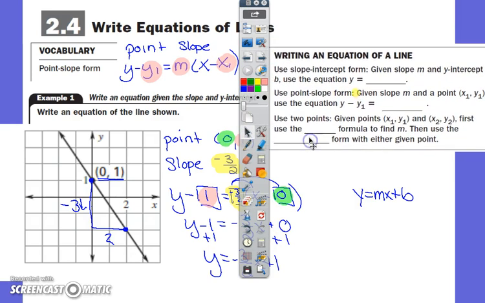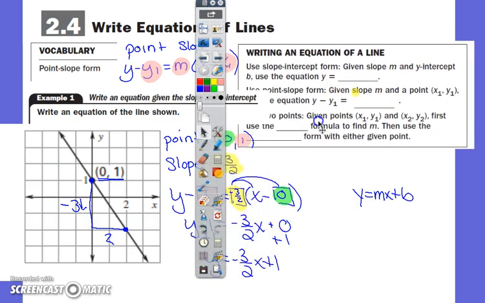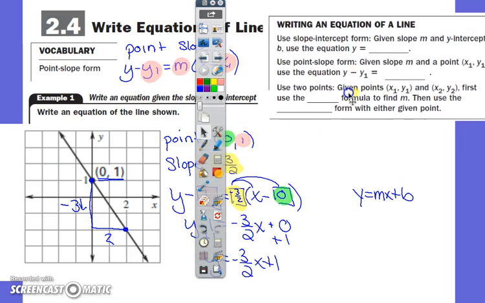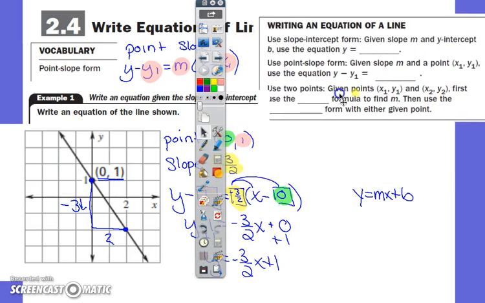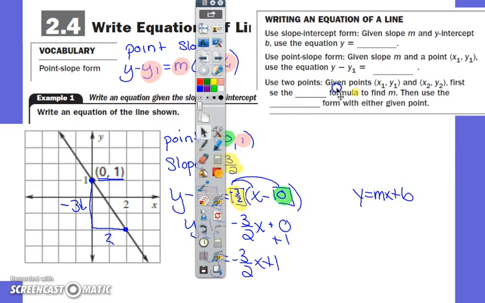All right, let's fill in our chart over here. Is it all there? Okay, it's all here. So what does it say? Writing the equation of a line: use the slope-intercept form given the slope m and the y-intercept, use the equation y equals mx plus b.